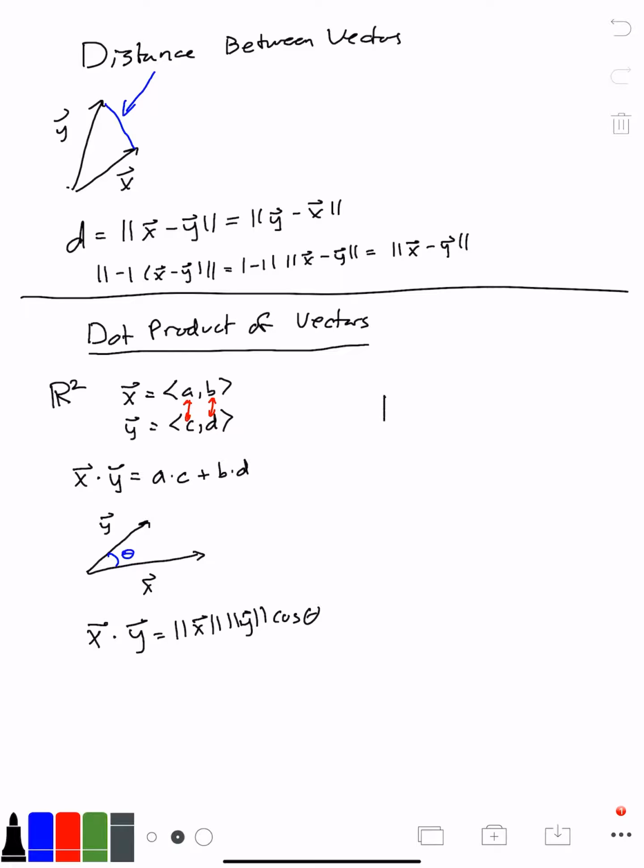So the idea is, if you have any Rn, and you have a vector x, which is x1, x2, and so on, and a vector y, which is y1, y2, and so on, then you can take the dot product by following the same rule of looking at corresponding components, multiplying them together, and then adding the results.